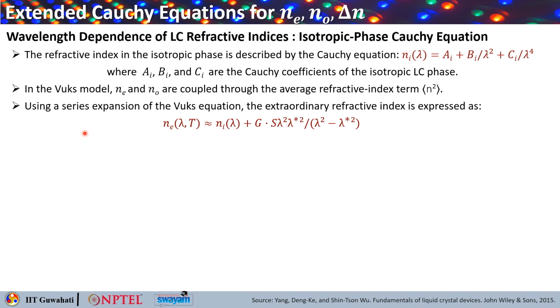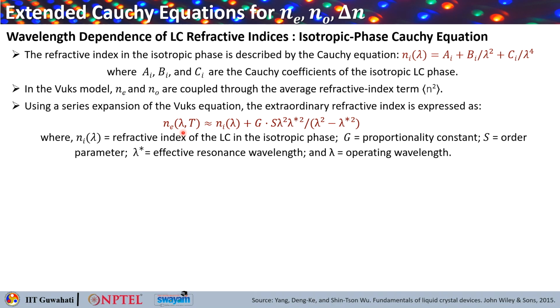Now using a series expansion of the Vogt's equation, the extraordinary refractive index can be expressed as Ne, which is a function of lambda as well as T. That comes as Ni lambda plus G into S lambda square lambda star square, that is the effective resonance wavelength square, divided by lambda square minus lambda star square.